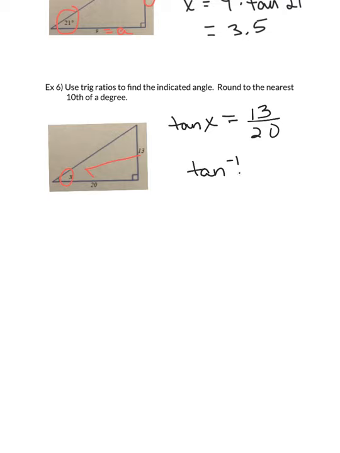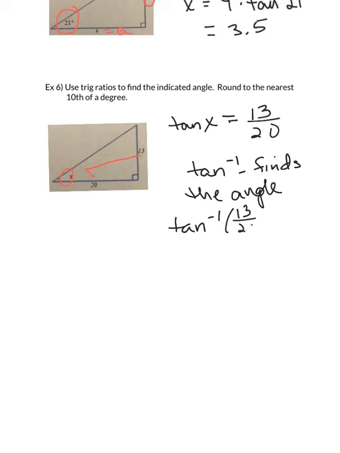This function finds the angle that has the given ratio. So what you are going to have to do on your calculator is the tangent inverse of 13 over 20, and then this will tell you what the angle measure is.